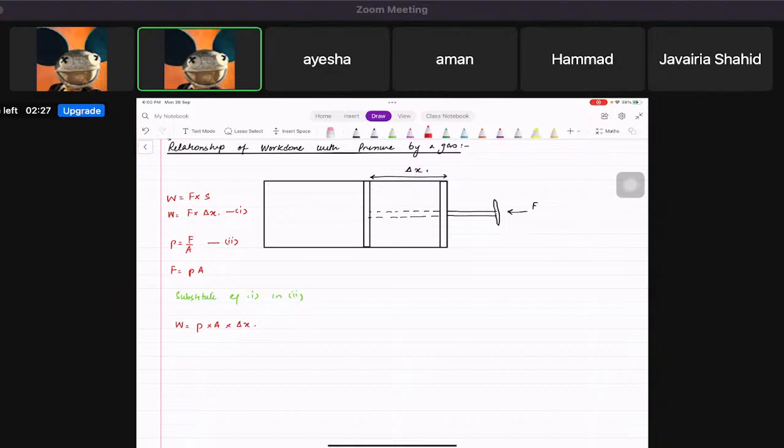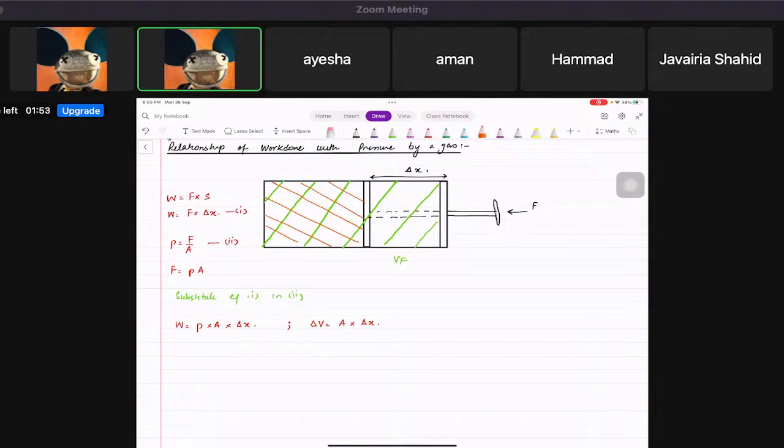Now you see that change in volume would be equal to the area times change in x. How do I know this is change in volume? Because initially I had this whole volume. Say this is Vf, and then when I push the cylinder in, push the whole thing in, I have this much volume left.